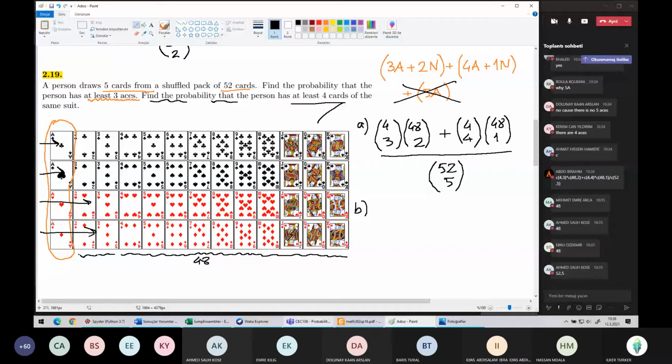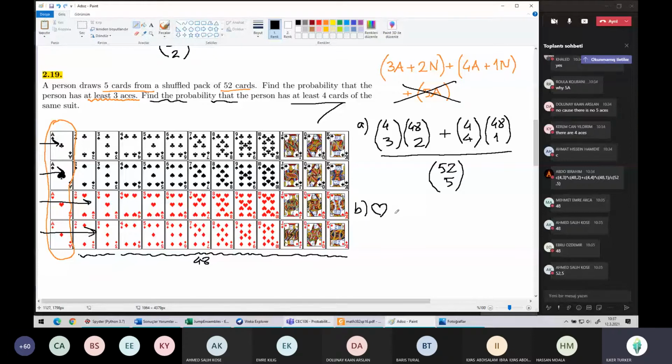Let's have an approach: let's start with making a combination where at least 4 cards are from this suit. I don't know the name of it, but I know the name of hearts.